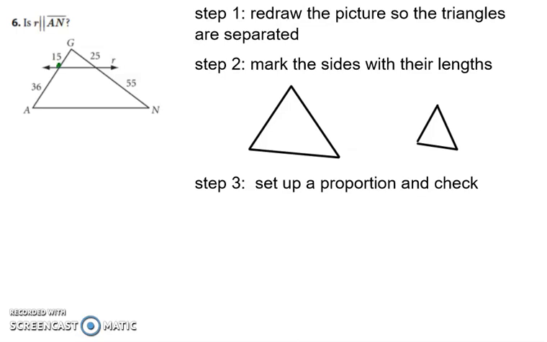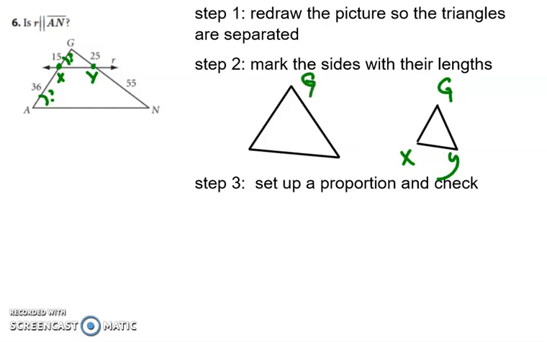So again, I'm going to label these two points here, X and Y. So for the smaller triangle, we have GXY. And again, at X and at A, we're trying to decide, are those angles really congruent to each other? And we don't know that until we prove that R is really parallel to AN. So I'm not going to mark the angles in this picture, but we're going to try to set the picture up so that they look similar to each other.